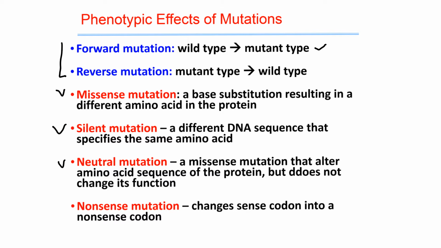A neutral mutation is a missense mutation that alters the amino acid sequence of the protein, however, it does not change its function. How is it possible? You remember, amino acids are distinguished by functional groups.